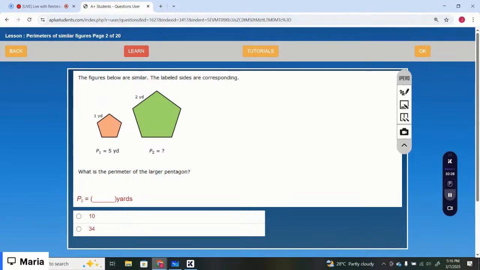The figures below are similar. The labeled sides are corresponding.